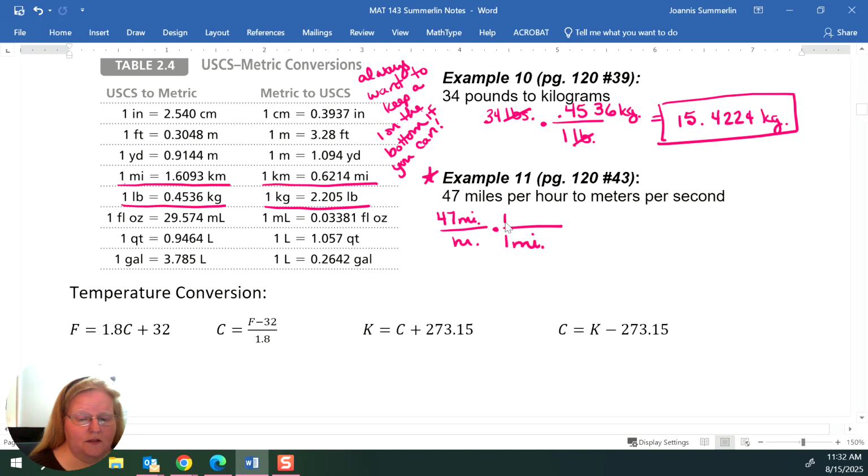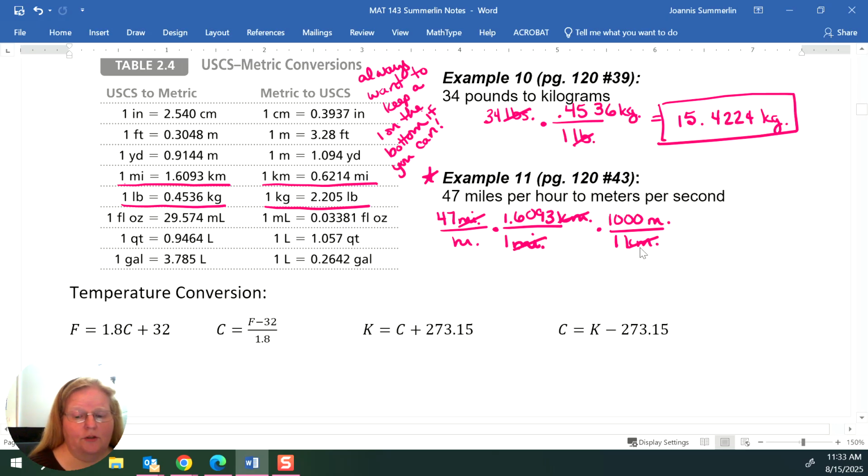But it says 1.6093 kilometers. I don't want kilometers. I want meters. What do we know about meters and kilometers? 1 kilometer has how many meters in it? 1,000 meters. So now I've fixed that issue.